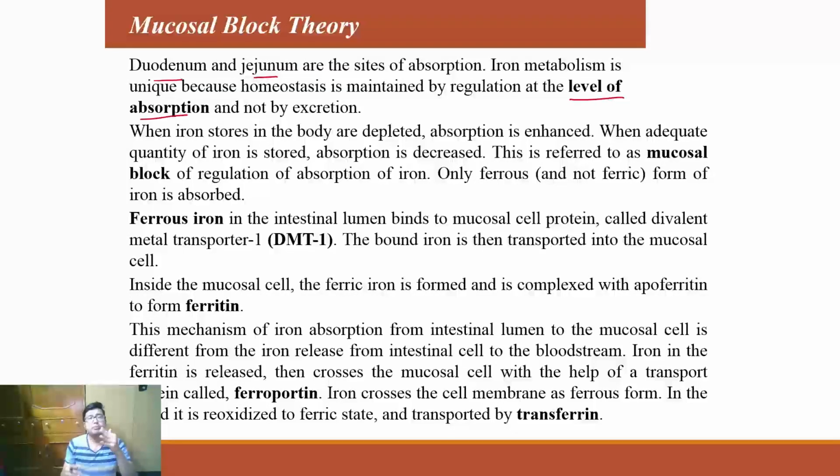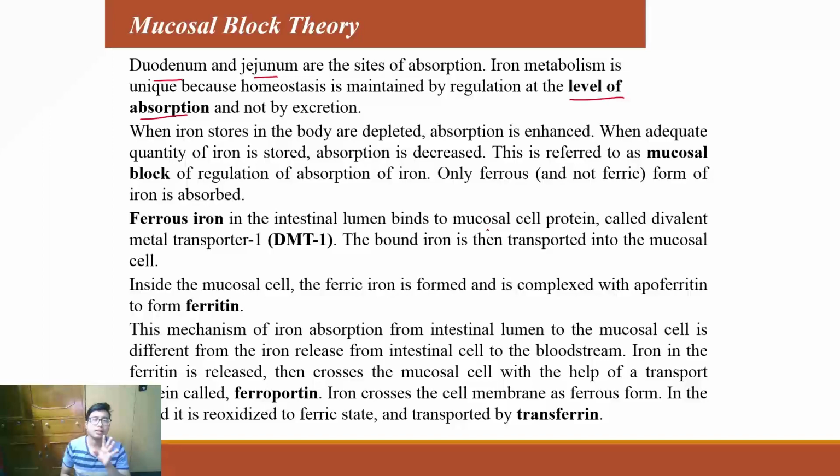So iron is absorbed from the mucosa of the duodenum and jejunum. So what is the funda? What is the actual principle? When iron stores in the body are depleted, absorption is enhanced. Meaning when the body needs iron, iron absorption will be enhanced. This is not a big deal.